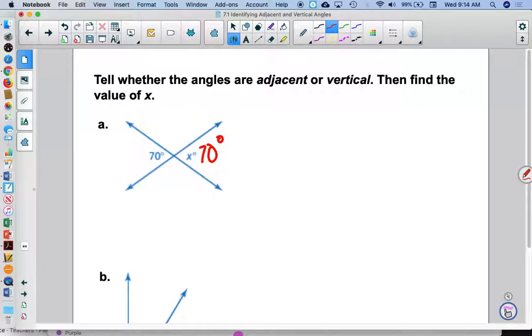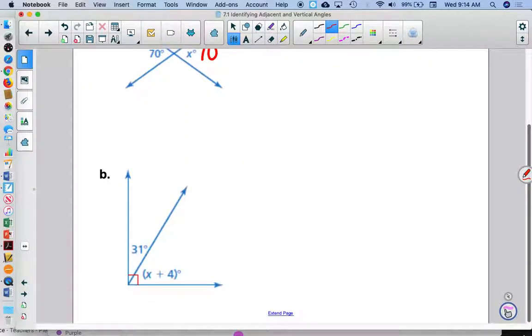Okay? So look at the second one. If I know that altogether those two angles create a 90-degree angle, and if I know that one of them is 31 degrees, can I identify the missing angle? I can, and can I also then identify the value of x? Okay?